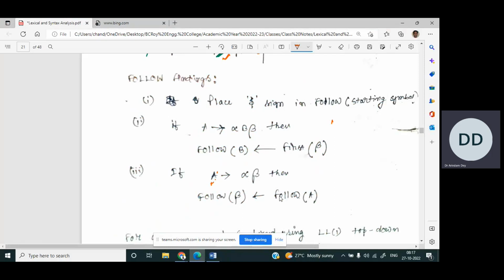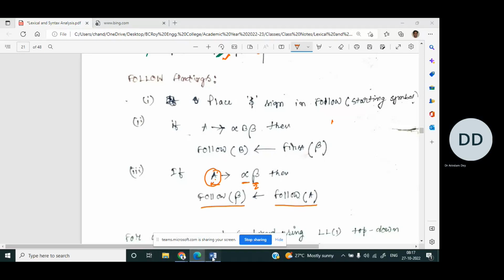Here A is generating alpha and beta, two segments. So the follow of A, you check, will be coming inside the follow of beta. The follow of A is coming inside the follow of beta, the second segment.